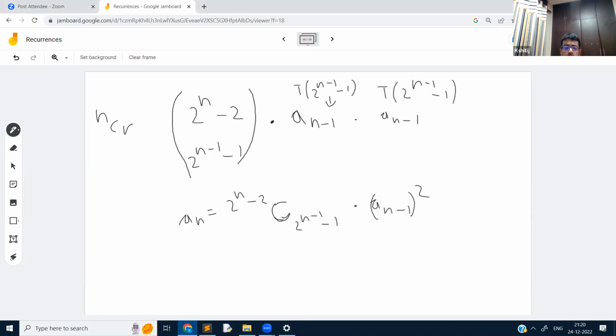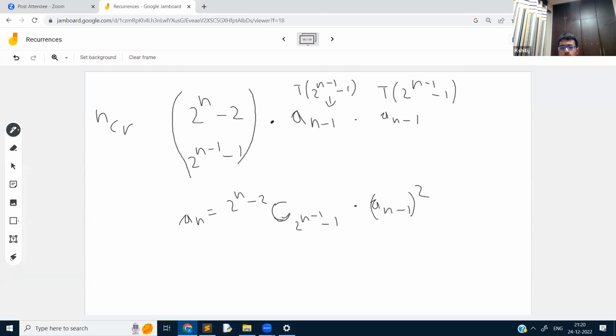So here there are 2 to the power n minus 2 numbers and we have to choose half of them, these many numbers, which will go to the left half. This is the same as choosing K balls out of N balls. So did you understand this part now?